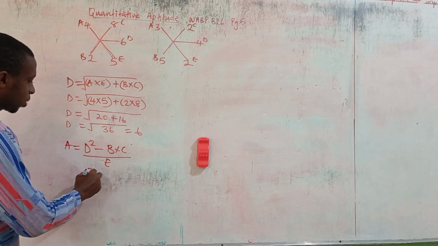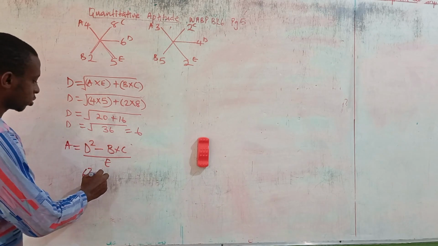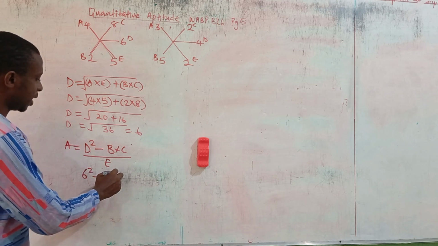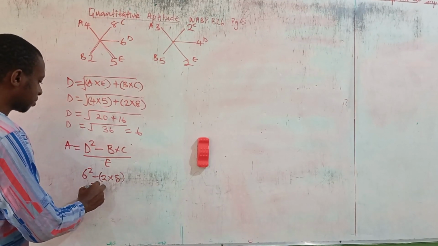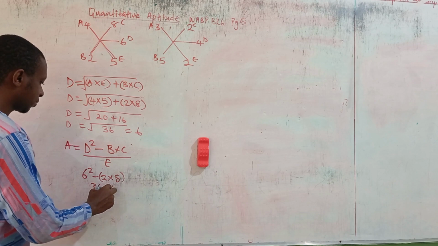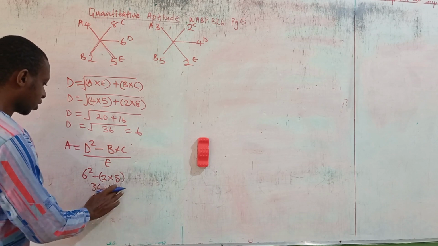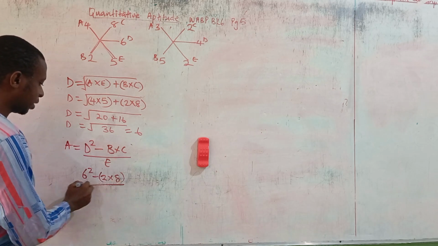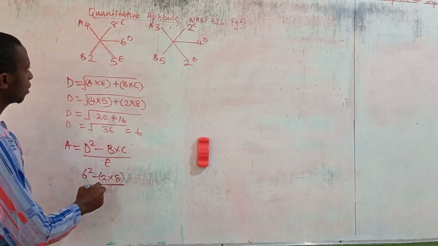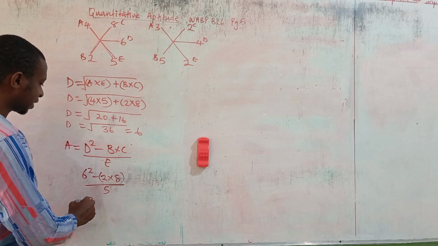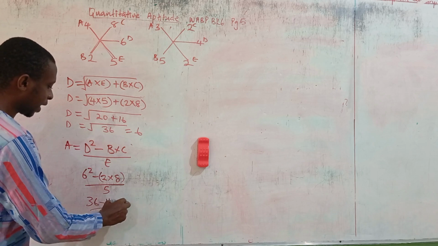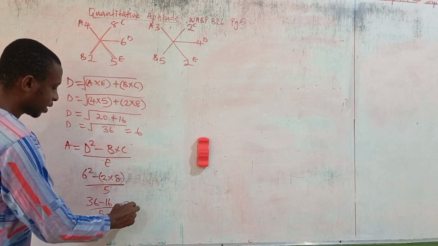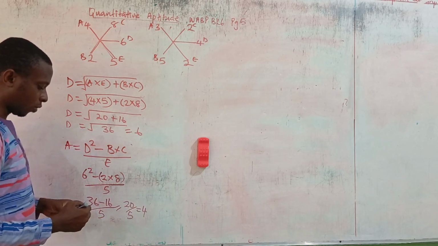So we now have 6 squared minus B times C, which is 2 times 8. And that is 36 minus 16, all over E. Our E is 5. And so that's 36 minus 16 all over 5. And that's 20 over 5. And that's equal to what? 4.